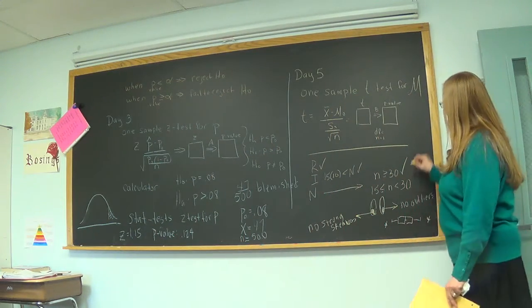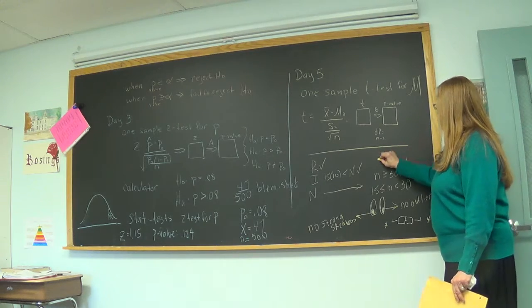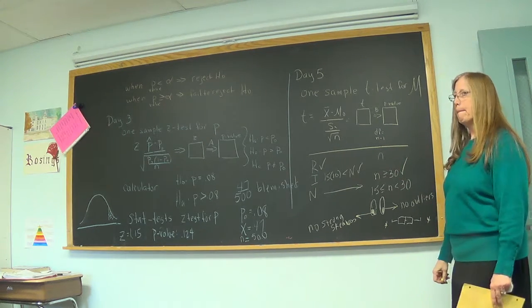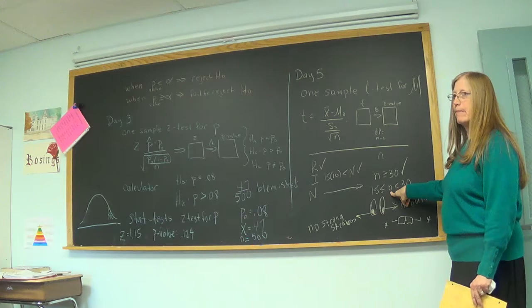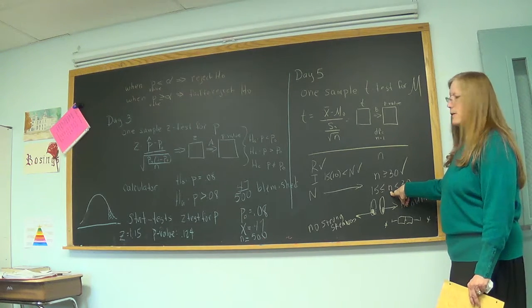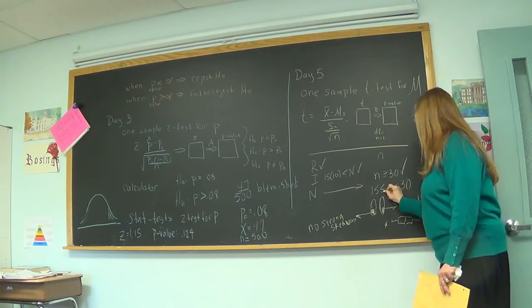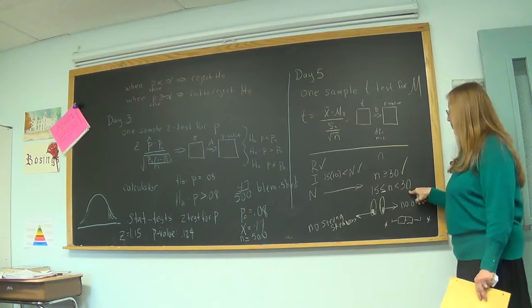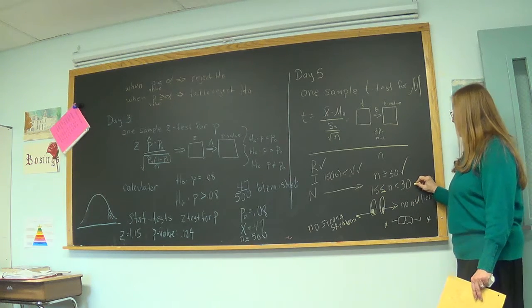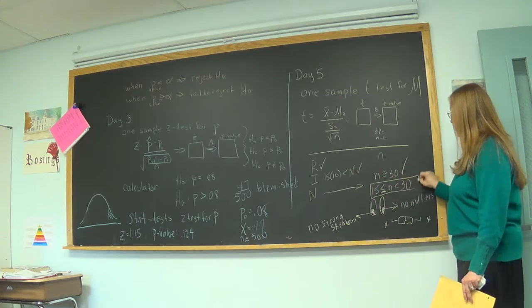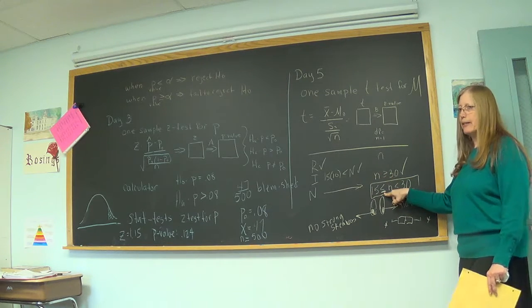When you write it, 15 is less than or equal to n, and n is less than 30. So on this problem, we are in this band, because 15 is in the band.